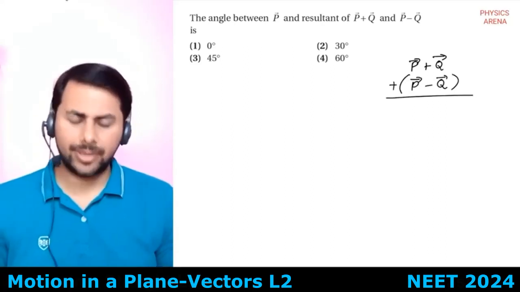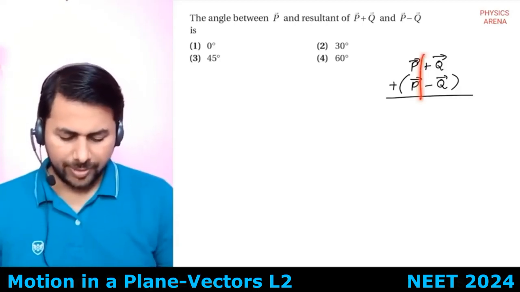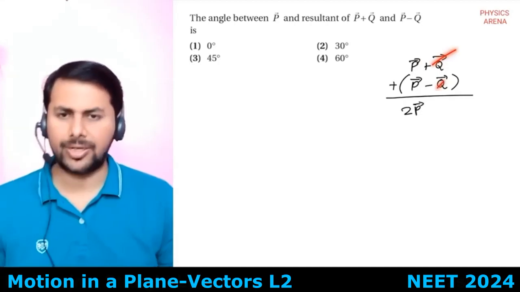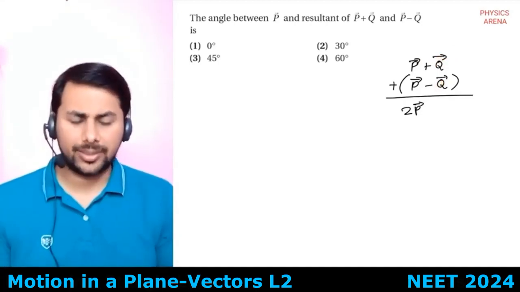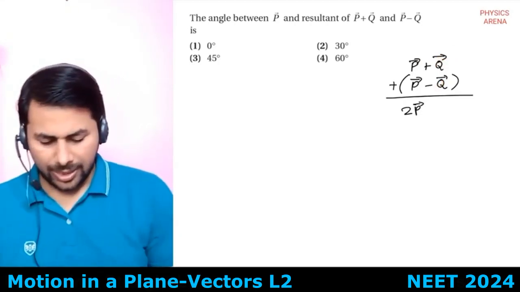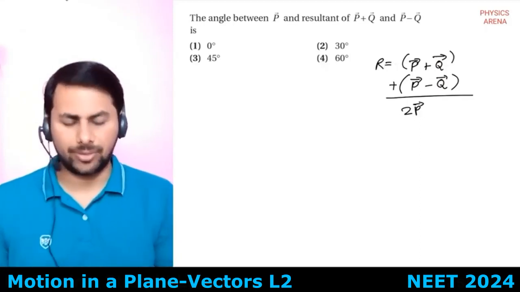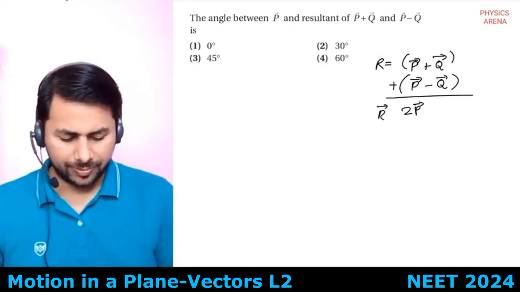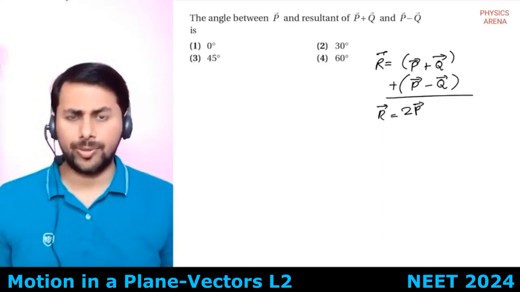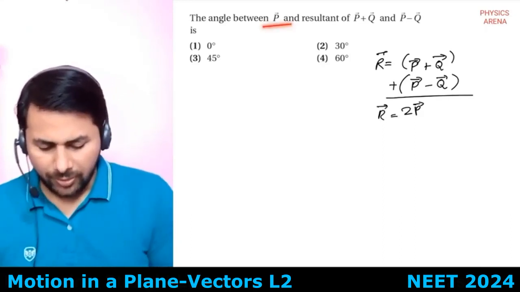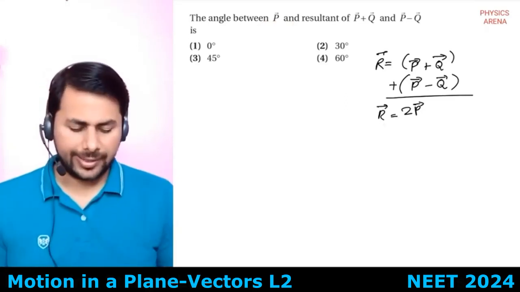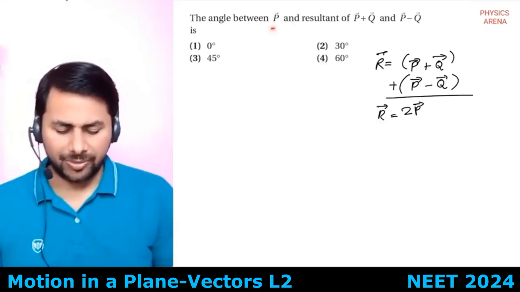What is the resultant of these two? P bar plus p bar is 2p bar, and q bar and minus q bar will get cancelled out. Resultant means you add them. So r bar is equal to p bar plus q bar plus p bar minus q bar, which is equal to 2p bar. Now what is the angle between p bar and this r bar, or what is the angle between p bar and 2p bar?